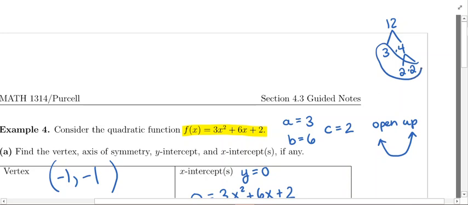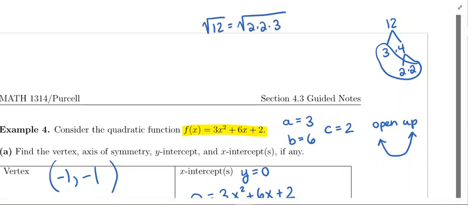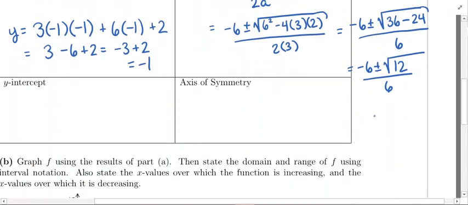So if we want to rewrite the square root of 12, we're going to rewrite it as the square root of 2 times 2 times 3. We have a pair of 2's, so we can take one out, and that leaves 1 3 under the square root. So the square root of 12 is the same thing as 2 times the square root of 3.